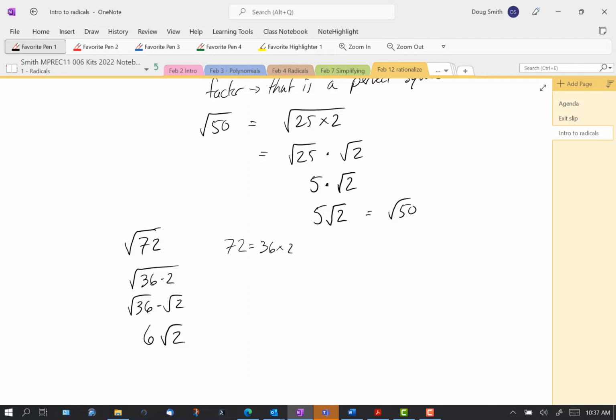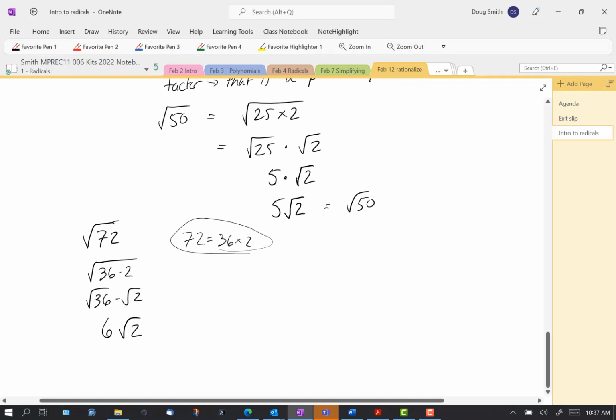Now, it's possible that someone wouldn't immediately see that that's their best way to factor the 72. So a person might go, okay, well, 72 is equal to maybe 18 times 4. So then square root of 72 is equal to the square root of 4 times the square root of 18.